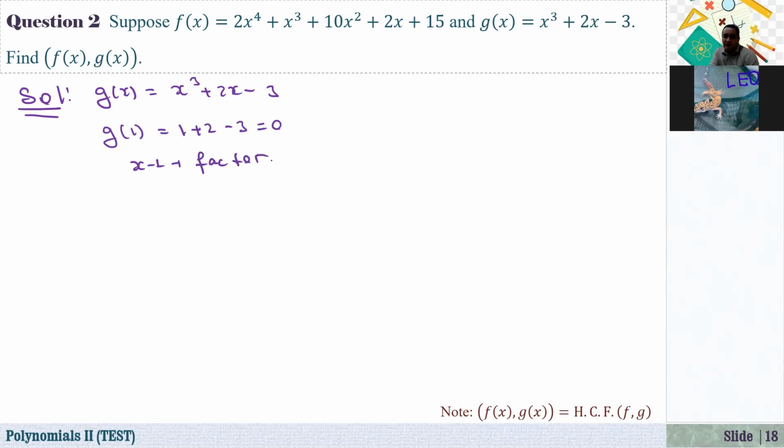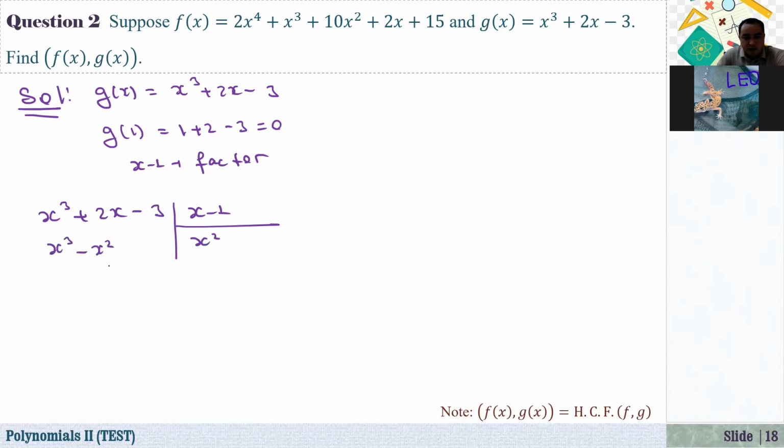So now I can find another factor. How can I find this? We divide x cubed plus 2x minus 3 by x minus 1. Here we have x squared: x cubed minus x squared, subtract, that's 0, and we have x squared plus 2x minus 3.